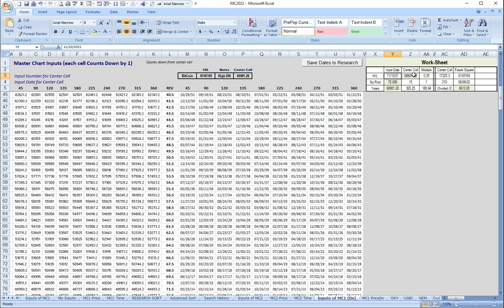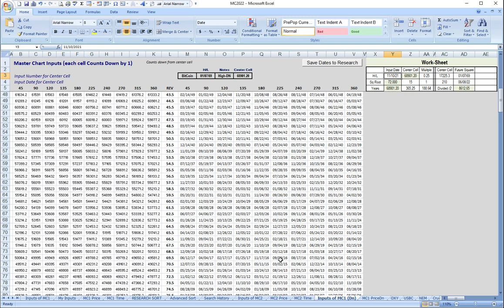I put that in the center cell, and I did it on a quarter speed. Again, that projected out to 2069, right? So that this will match up, just the math thing. So I included that into the price structure as well.